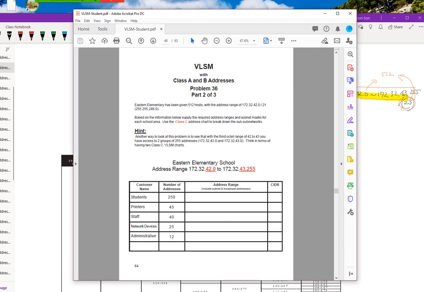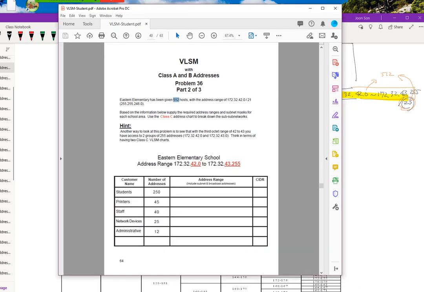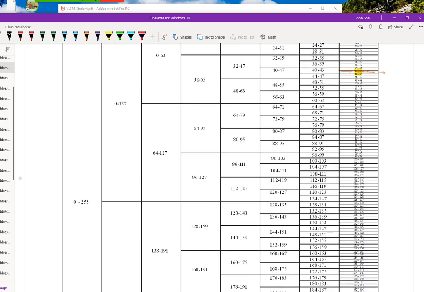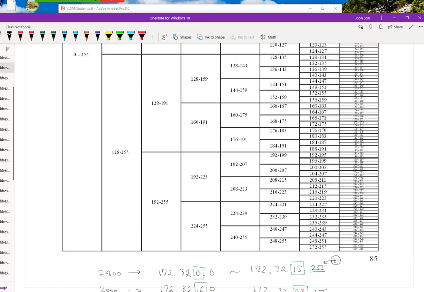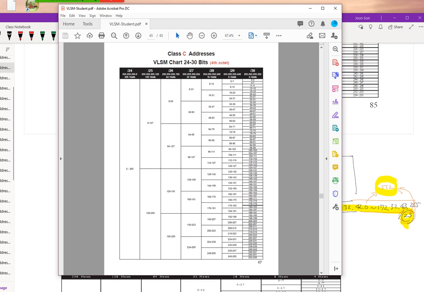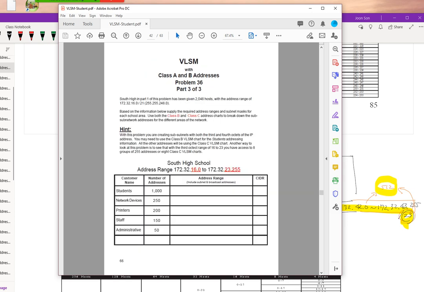That's why they said, given 512 hosts with this, and we know this is the yellow network, use a class C address chart to break down the sub network. So we are going to divide this yellow network.